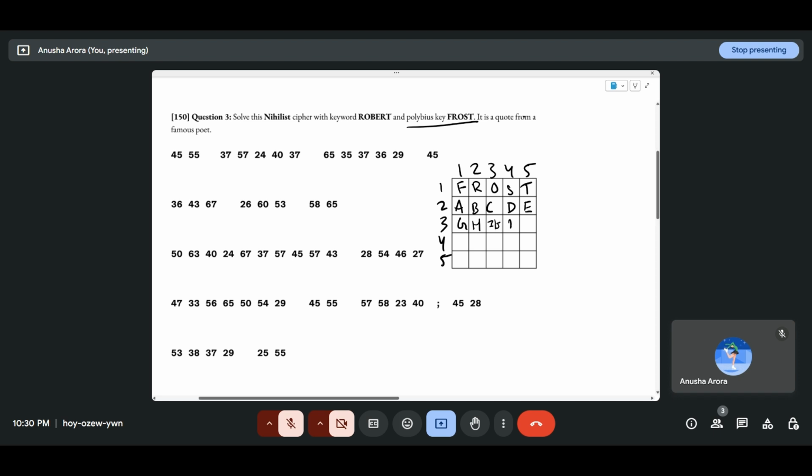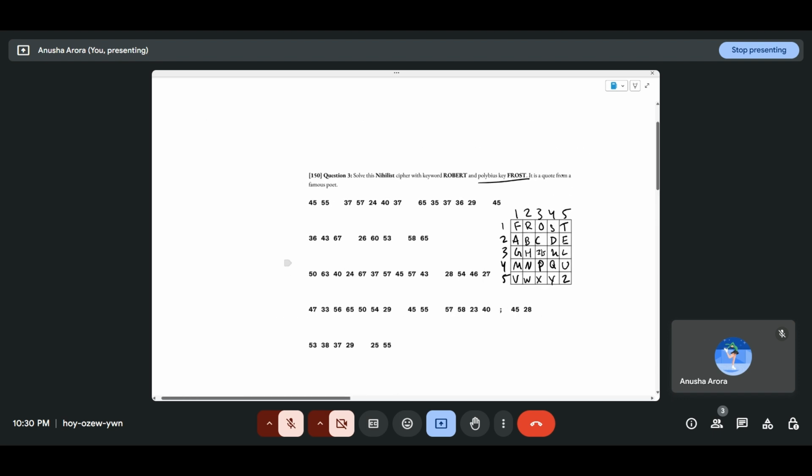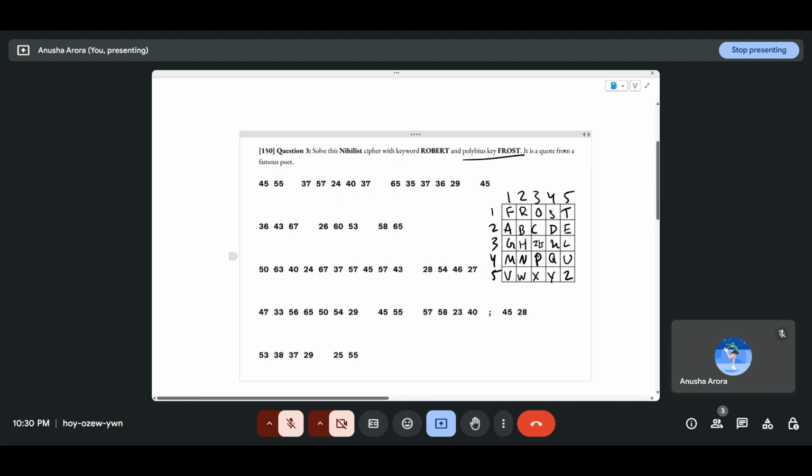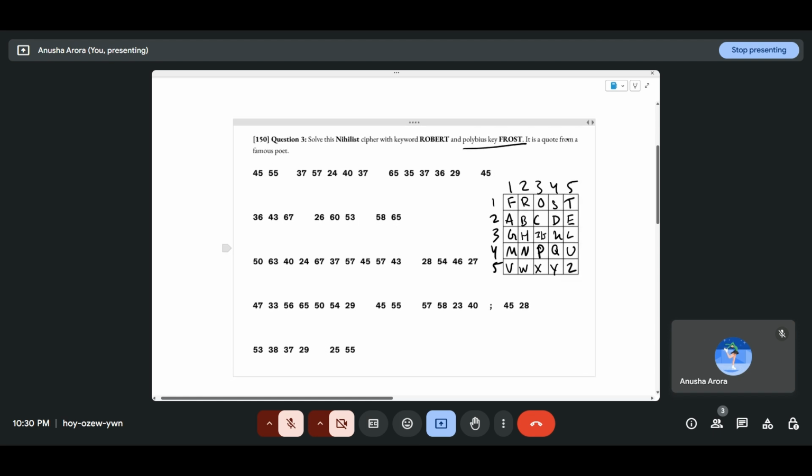I, J, K, L, M, N. Since we already used O over here, we're not going to do O. P, Q. Since we already did R, S, and T, we're not going to say any of this. So P, Q, R, S, T, U, V, W, X, Y, Z. So that's our Polybius square for this problem. And then our keyword is Robert.